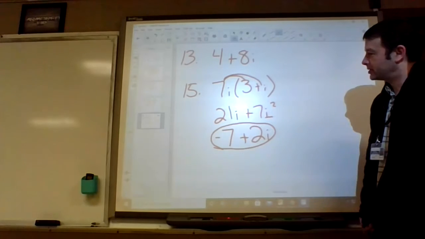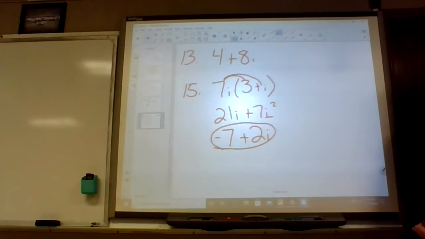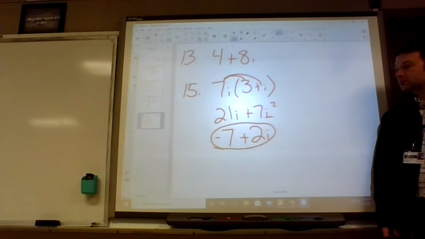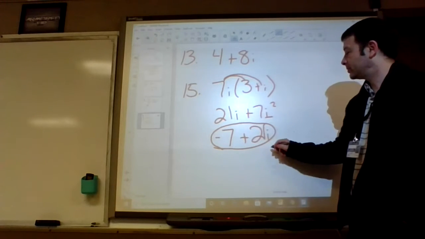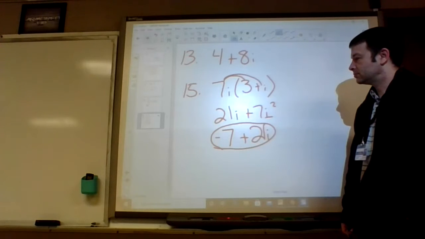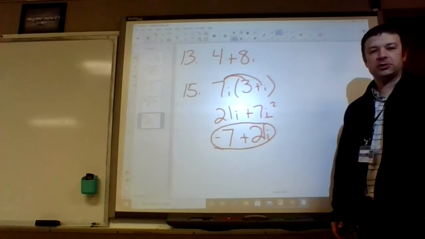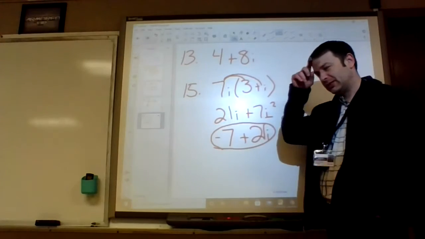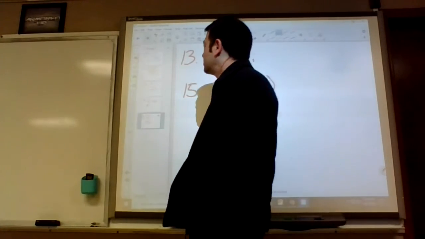The imaginary number goes with the real number, and together they make a complex number. Wait, 21i? Oh yeah, 21. It's supposed to be 21i.